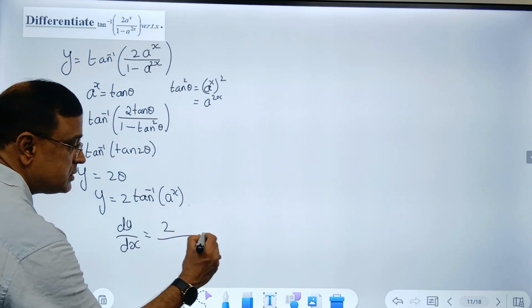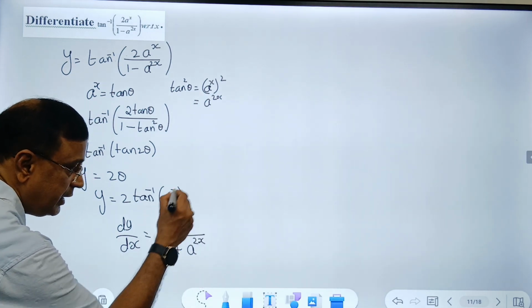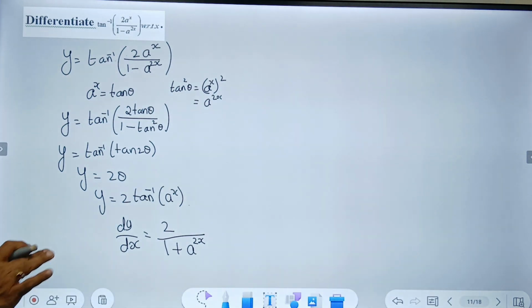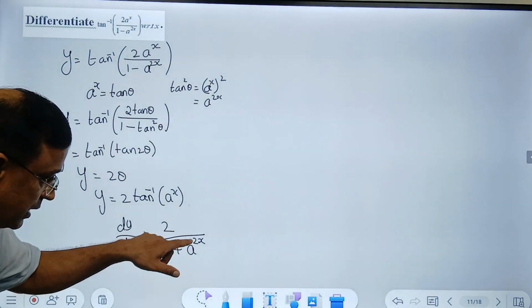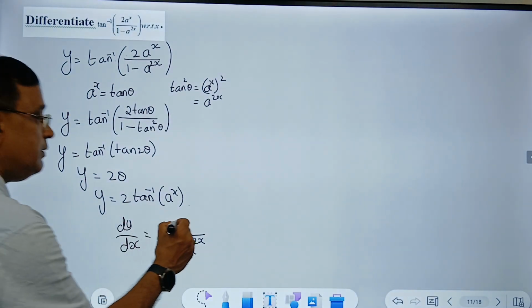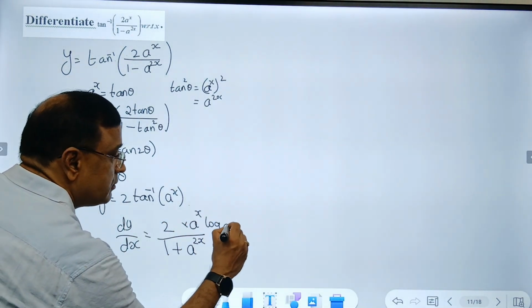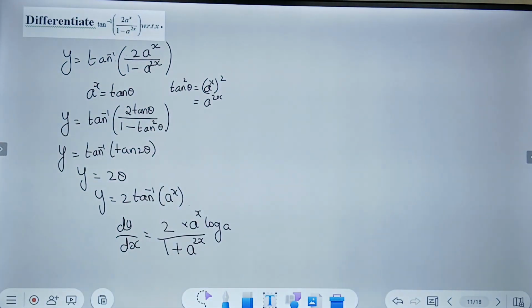Differentiation of tan inverse is 1 by 1 plus a power x the whole square, into what is differentiation of a power x? Differentiation of a power x is a power x log a. So that's the form.